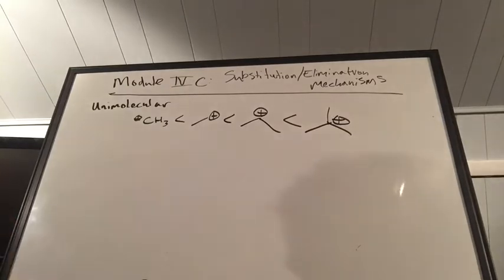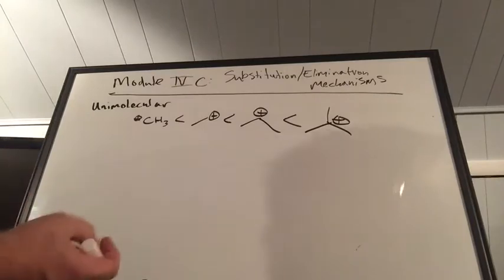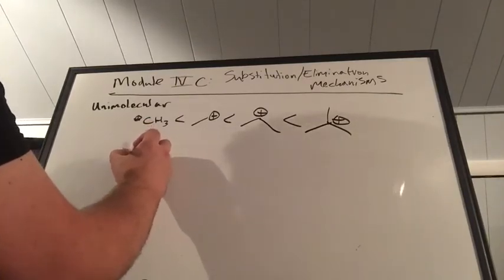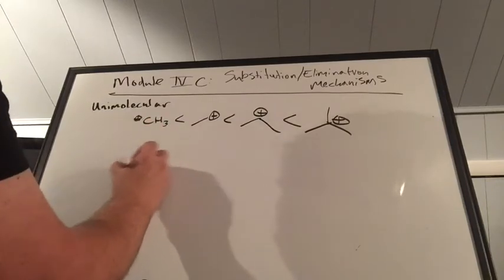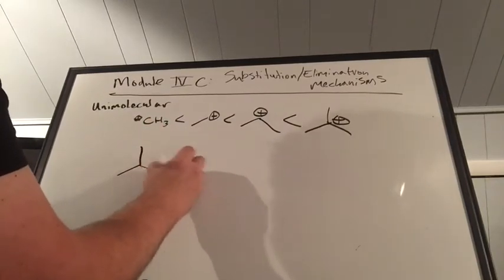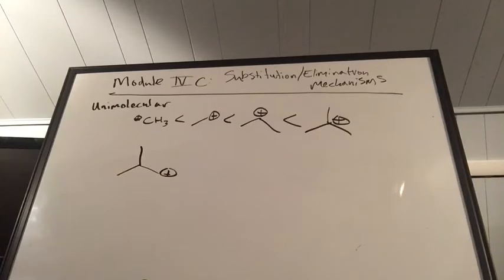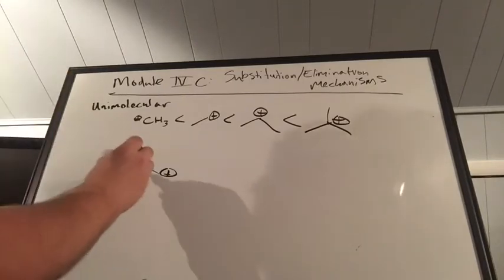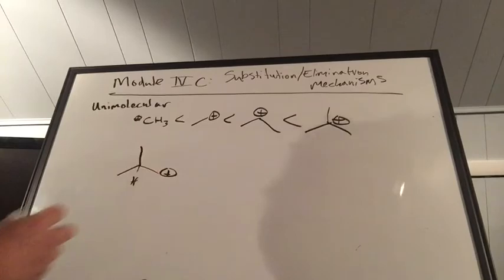Okay, so can any carbocations rearrange? Of course, you've seen this example already. Let's say we have this guy right here. So we know that this is going to be second to least stable. We have a neighboring carbon right there that still has a hydrogen attached to it.